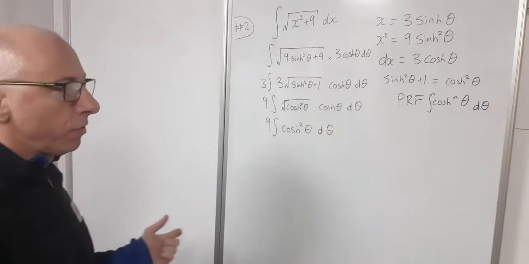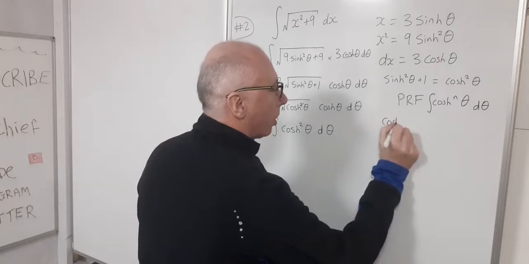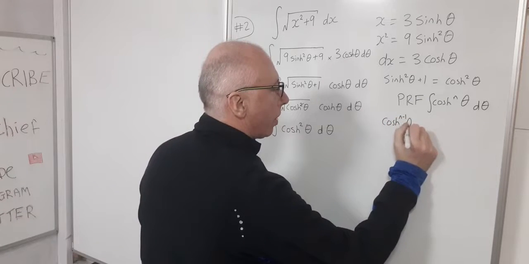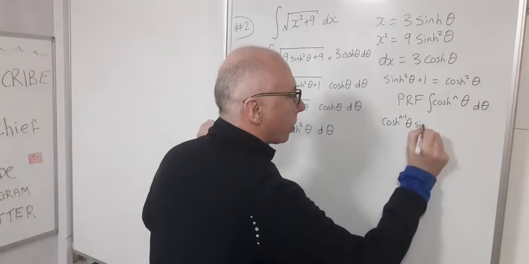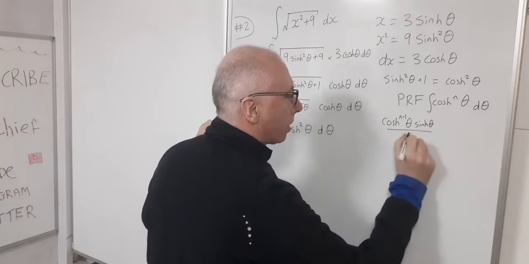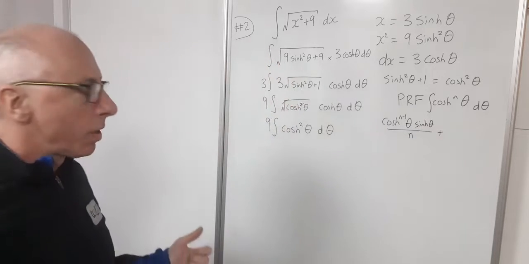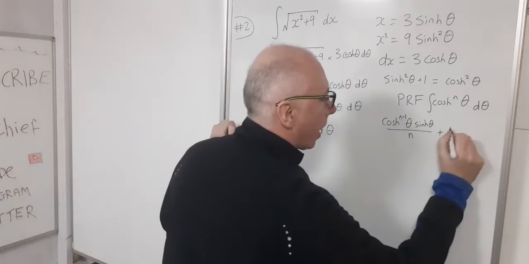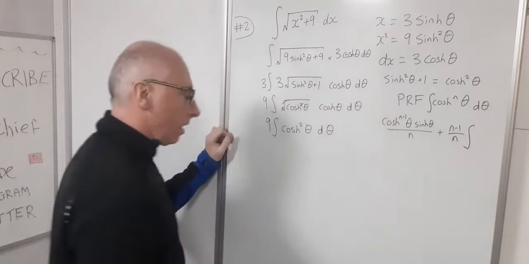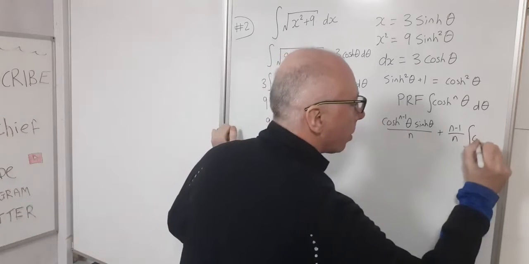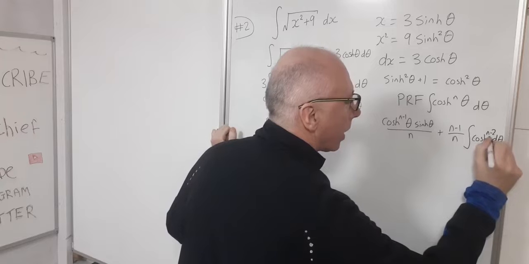So the power reduction formula for the integral of cosh to the n theta d theta is going to give me cosh to the n minus 1 theta, multiplied by sinh of theta divided by n, and then I add on another integral with a constant multiple. So I've got n minus 1 over n, and then in here I've got cosh to the n minus 2 theta d theta.